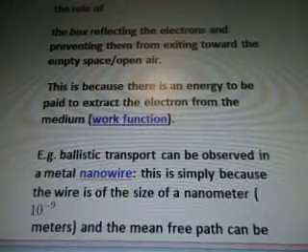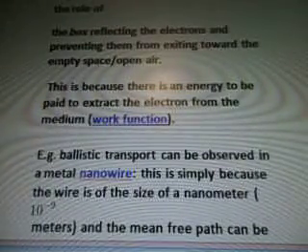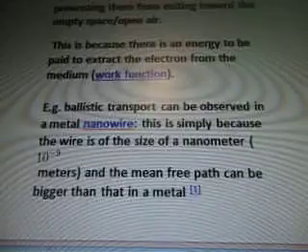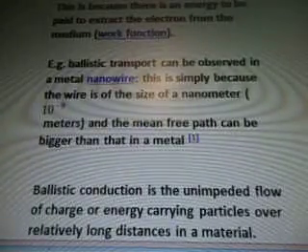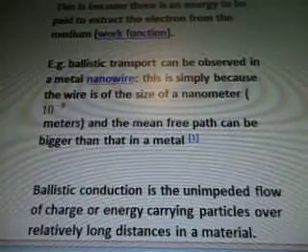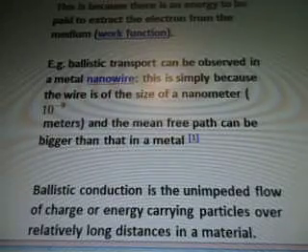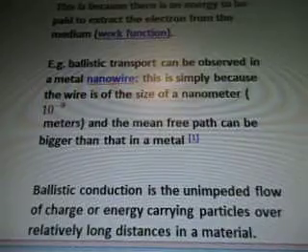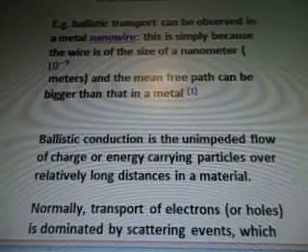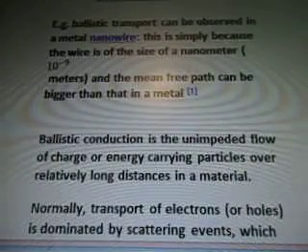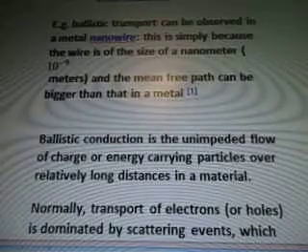This is because there is an energy to be paid to extract the electron from the medium, work function. Examples: ballistic transport can be observed in a metal nanowire. This is simply because the wire is of the size of a nanometer, 10 to the power of -9 meters, and the mean free path can be bigger than that in a metal.